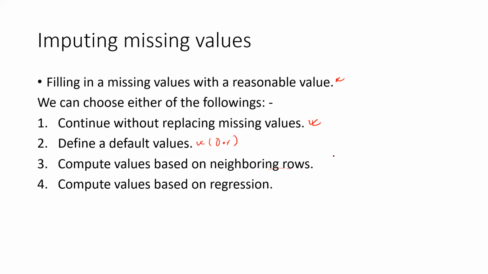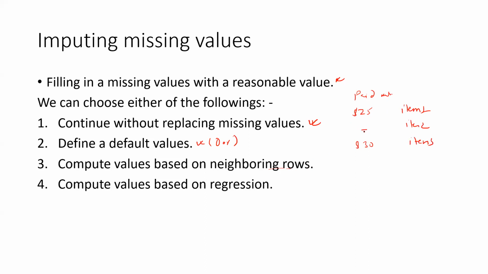Neighbor rows means, let's say I have a paid amount of $25 for item one, blank for item two, and $20 for item three.